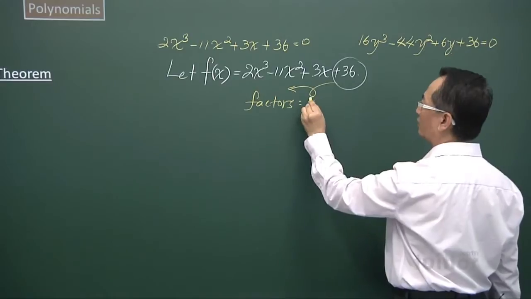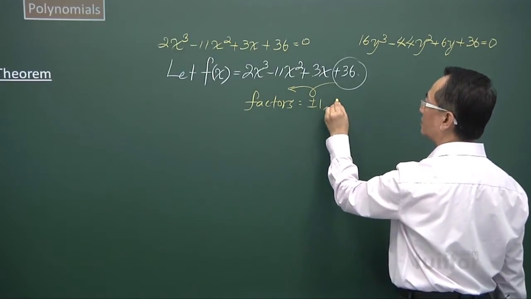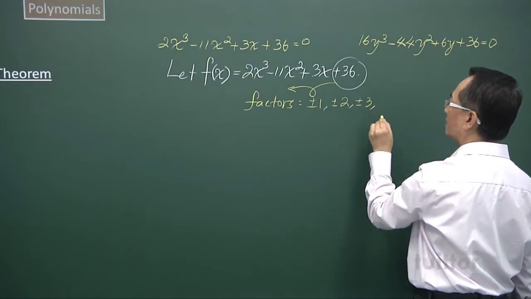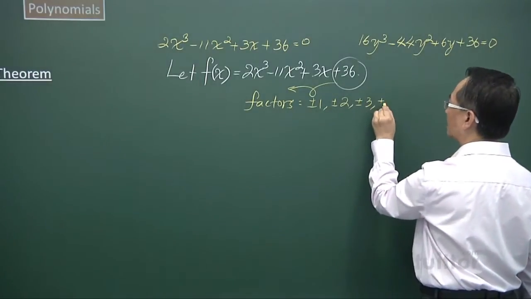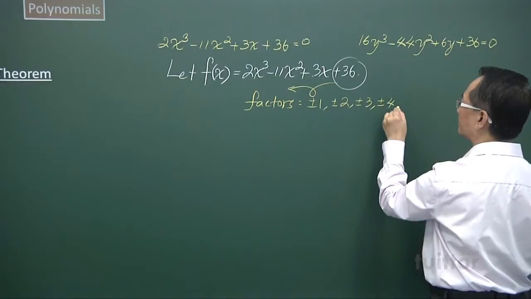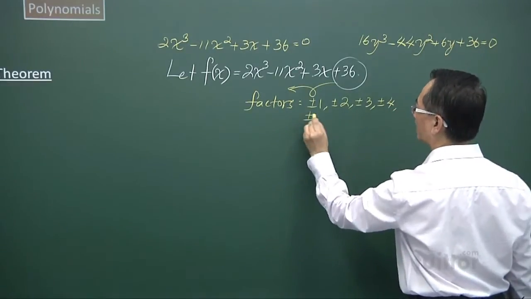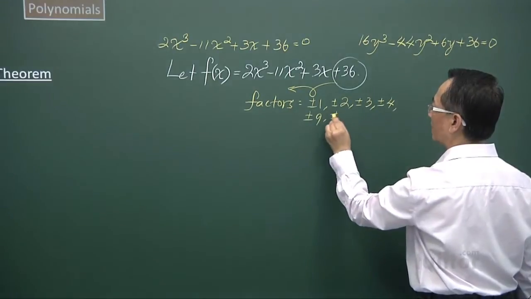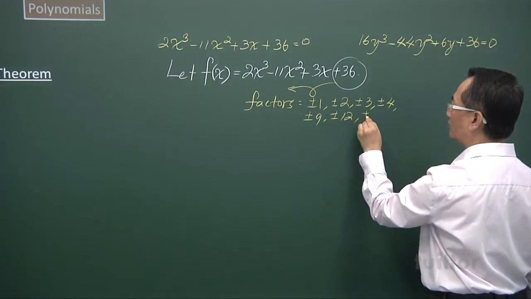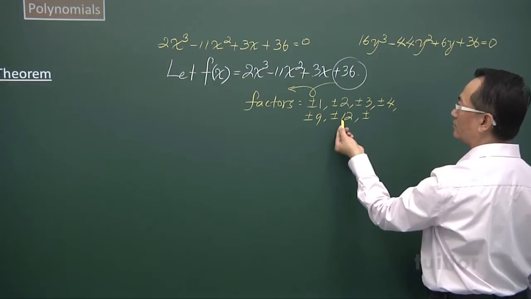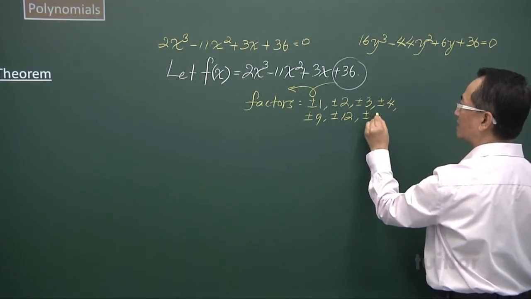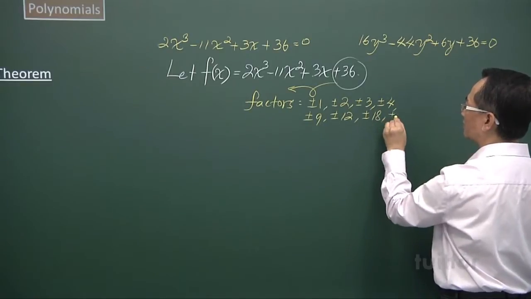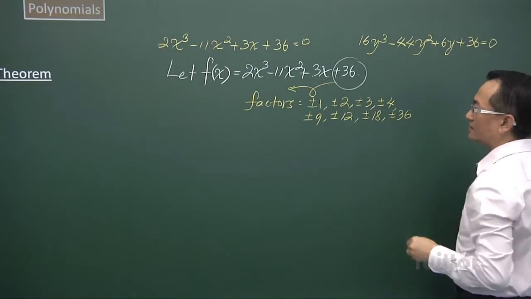You can have plus minus 1, plus minus 2, plus minus 3, plus minus 4, plus minus 9, plus minus 12, plus minus 18, plus minus 36.